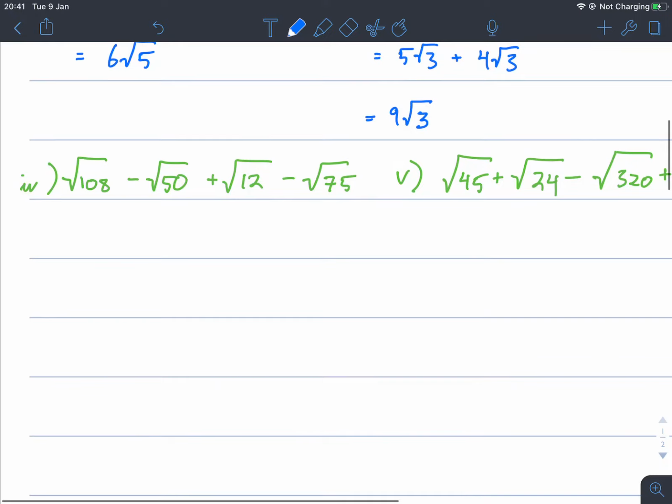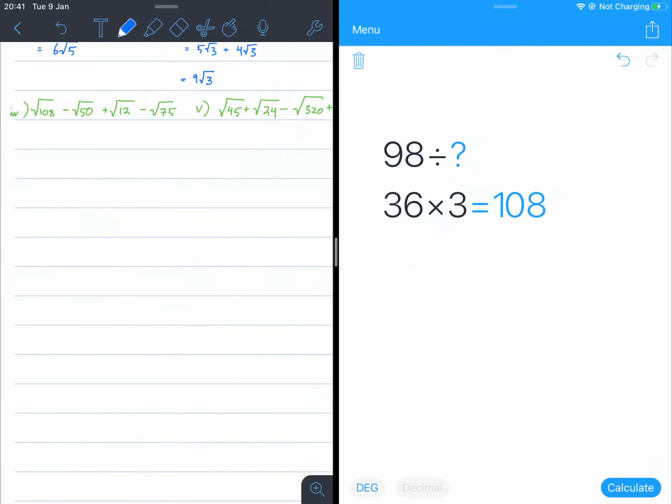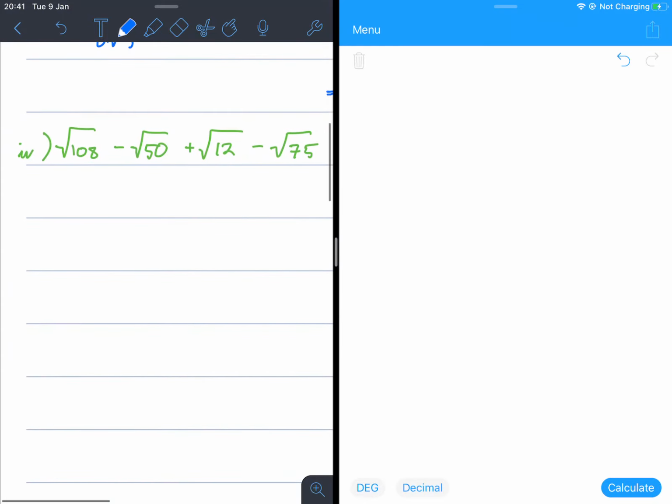Now, with larger and larger numbers, I tend to just use my calculator and start testing perfect squares. So for example, 108, I'll just test randomly, divide this by 36. So it works.